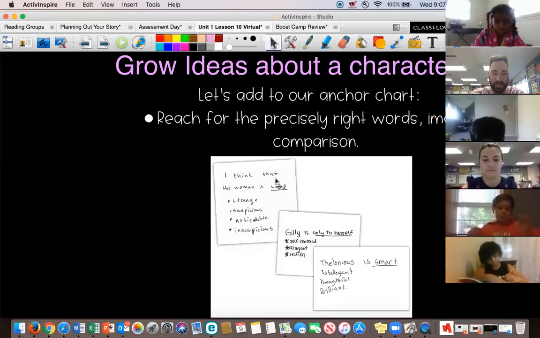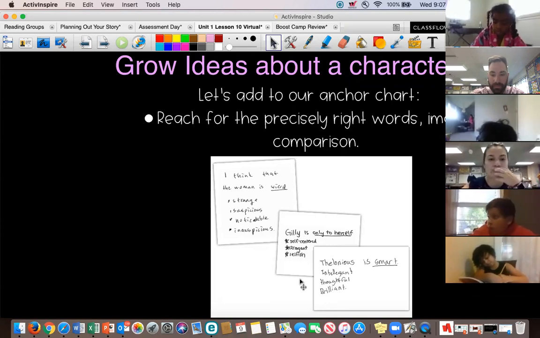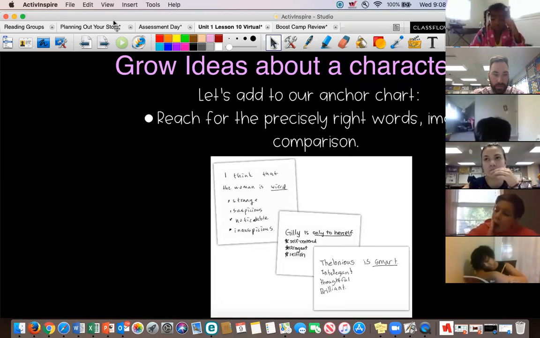Weird is not a precise word, right? The precise words it has below are strange, suspicious, noticeable, and inauspicious. And it says Gilly is only to herself, and then it says self-centered, arrogant, and selfish. Thelonious is smart. Instead, it has intelligent, thoughtful, and brilliant, right? So we're looking for those better words to describe characters today.